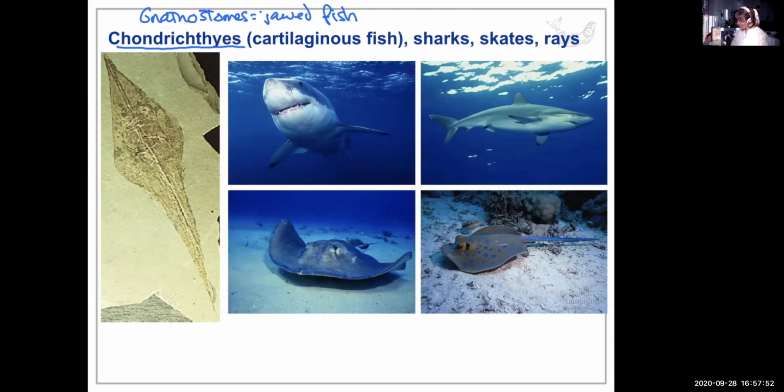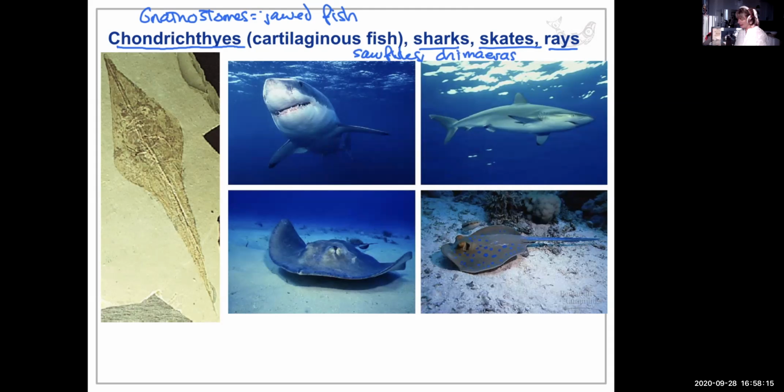So they're sharks, skates, rays, and a new one that I hadn't heard of before. Well, two actually that I hadn't heard of before, sawfishes. And the other one is chimera, also known as ghost sharks. I've never actually seen those.